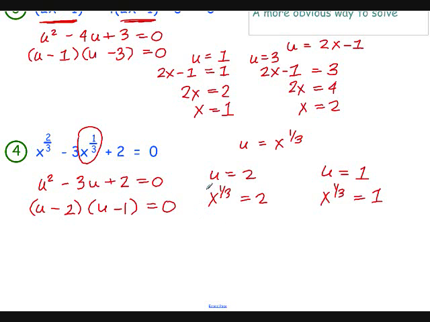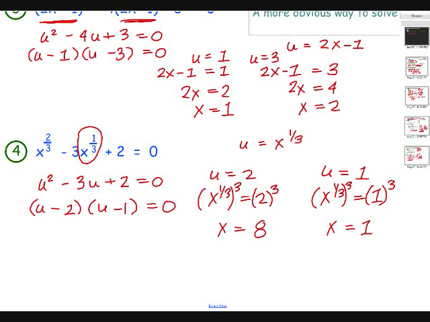How do I do that? I cube both sides. I end up with x equals 8, x equals 1. How do you like that? That's the end of this lesson.